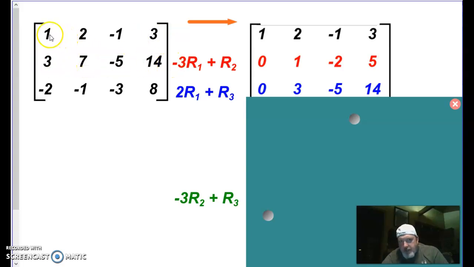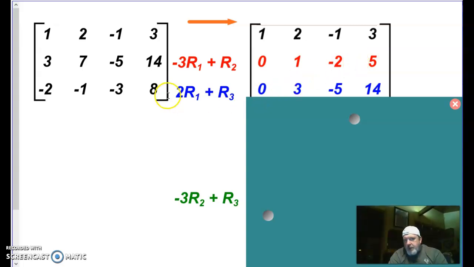So negative 3 times 1 is negative 3, plus 3 is 0. 2 times negative 3 is negative 6, plus 7 is 1. Negative 1 times negative 3 is 3, plus negative 5 is negative 2. And negative 3 times 3 is negative 9, plus 14 is 5. So that's the calculation we made to get our new row 2.